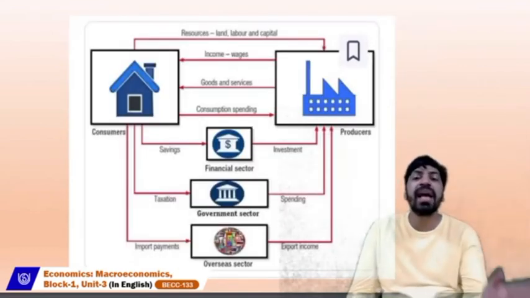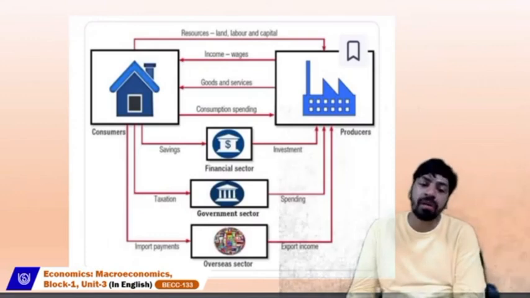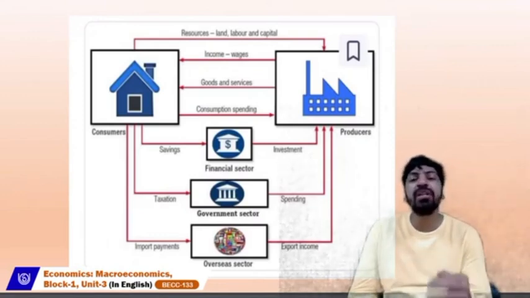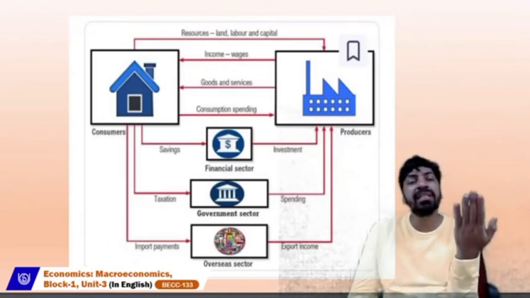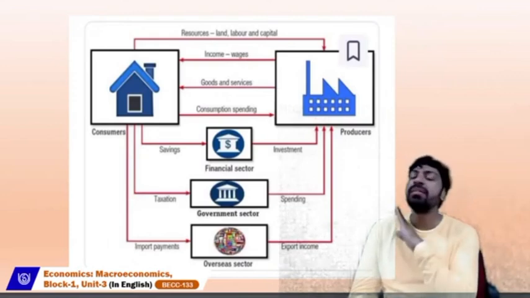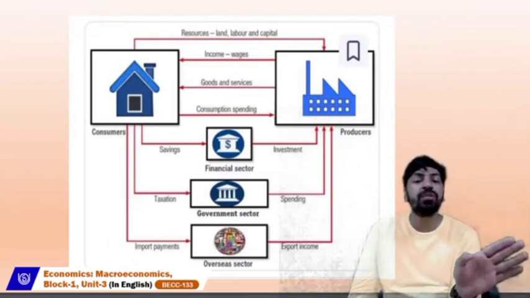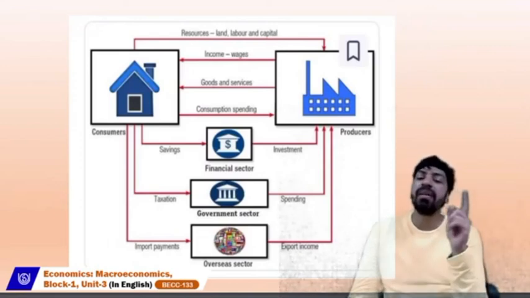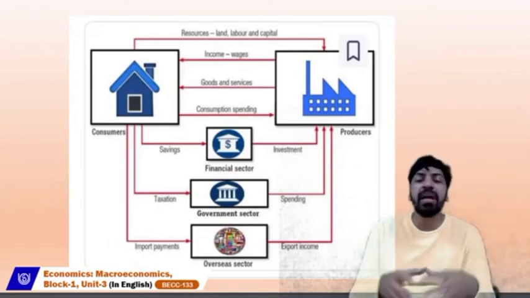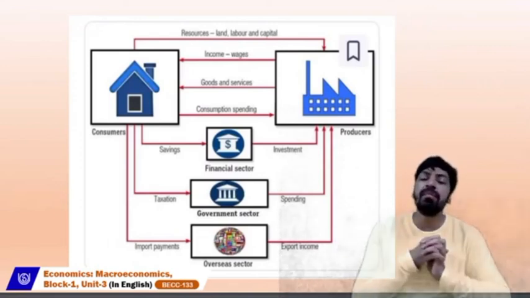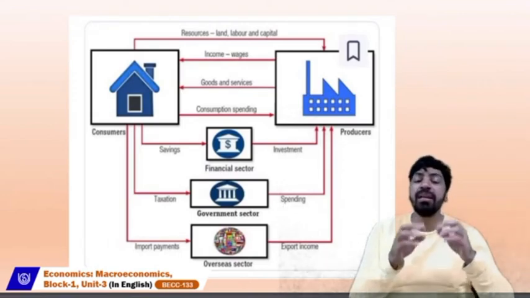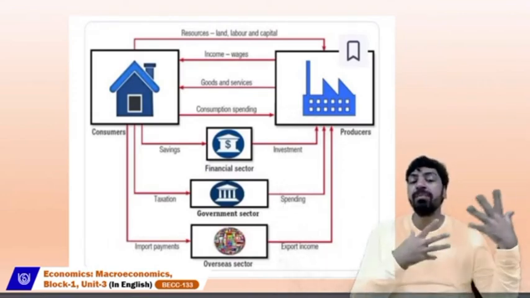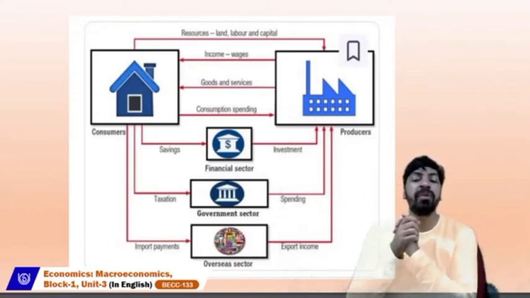So this is the diagram that I'm talking about. Every explanation, whether for the second, third or fourth model, would be used in this five sector model also. But when we talk about the new component, the new sector, we talk about the overseas sector. Here we are talking about the import and export of products.